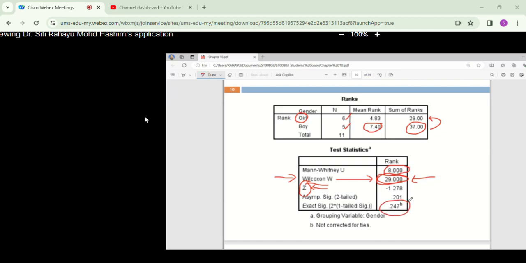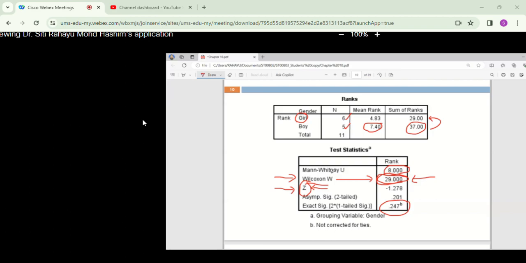The p-value can only be computed using standard normal probability distribution. That's why we always transform all the rank statistic into Z statistics. Okay, all the rank statistic, regardless what the rank test is, will be transformed into the Z statistics to enable us to compute the p-value.